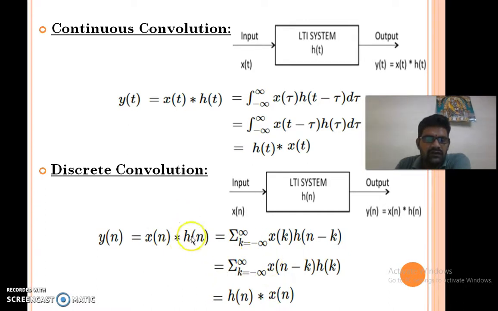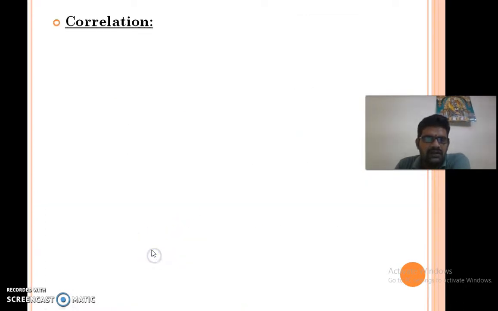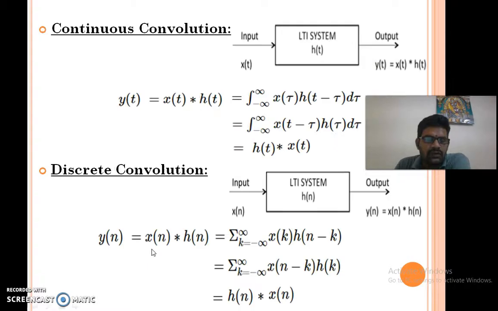So this is the convolution sum in discrete functions. So this is about the convolution of the system. In the next session we will see about the correlation, its definition, and the analogy between signals and vectors. Thank you.